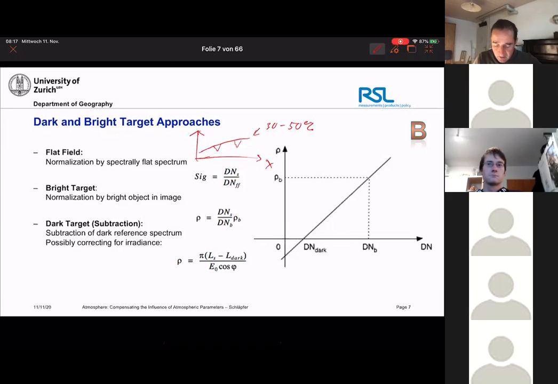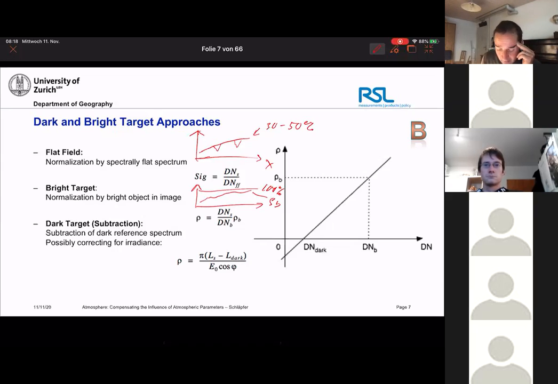Then the next one is the bright target approach. So you just assume in one wavelength that we get 100%, maybe let's draw that one. We know where 100% is, and we may have a bright target spectrum somewhere. That's rho bright, and we know the DNs of the bright target.